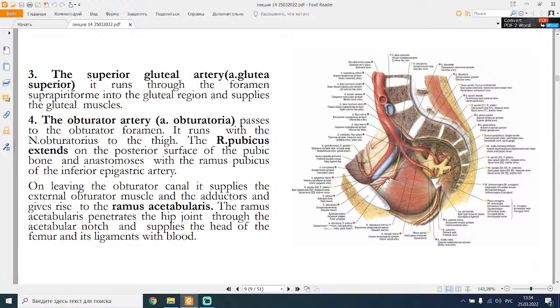The ramus pubicus extends on the posterior surface of the pubic bone and anastomoses with the ramus pubicus of the inferior epigastric artery.